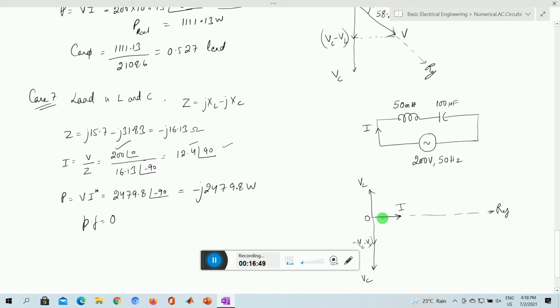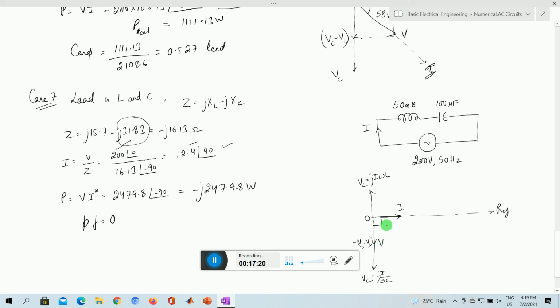With respect to the current, VL is positive j because it is j times I into omega L, and VC is negative, minus j I by omega C. Overall this term is getting negative because of the dominance of the capacitance term, and we get the resultant voltage V here and the current here.